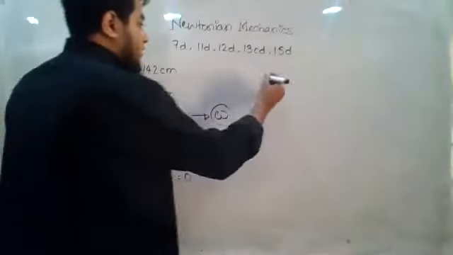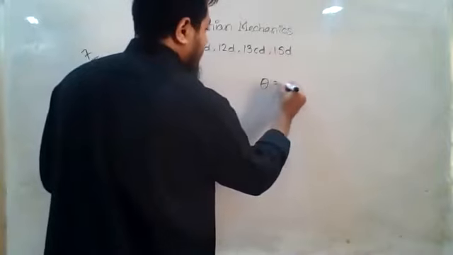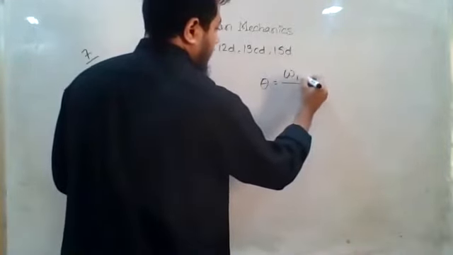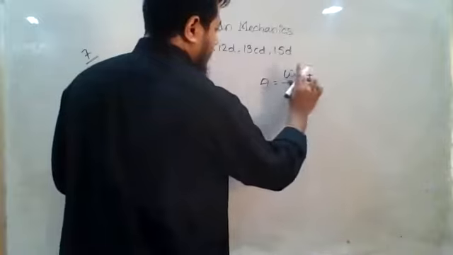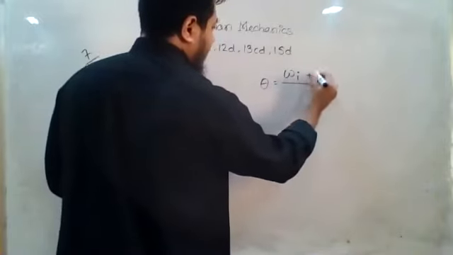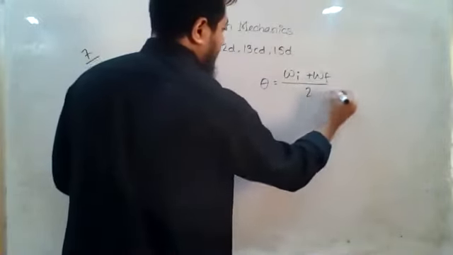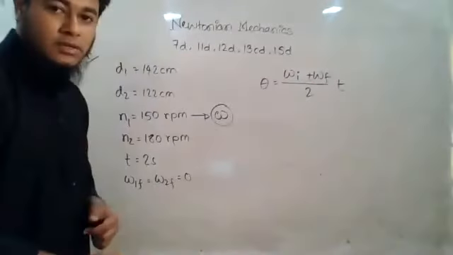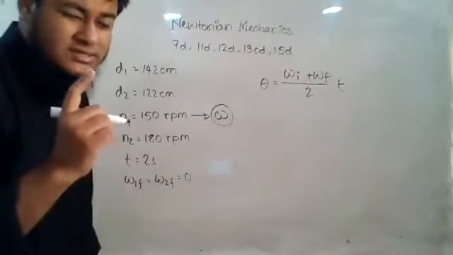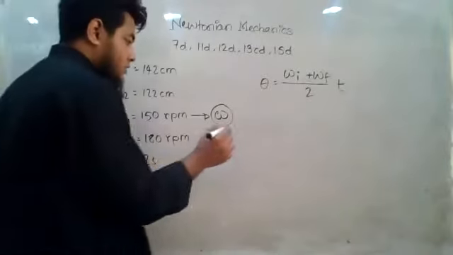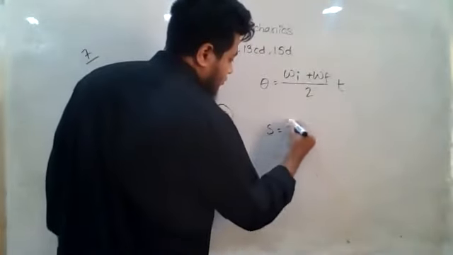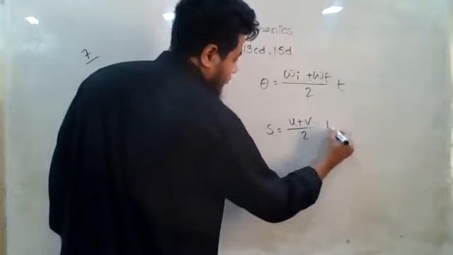If you want to calculate theta, we know this formula: theta equals omega i plus omega f divided by 2 into t. You remember the second equation, Newton's equation, S equals u plus v divided by 2 into t.